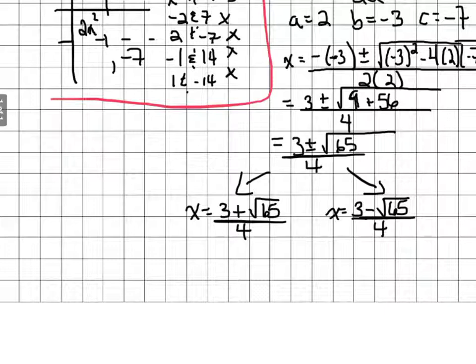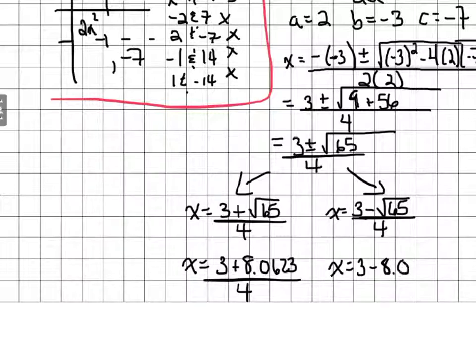All right, so we have x equals 3 plus, and the square root of 65 is 8.0623. I'm going to divide all of that by 4. And I also have the other option of 3 minus 8.0623, all divided by 4.